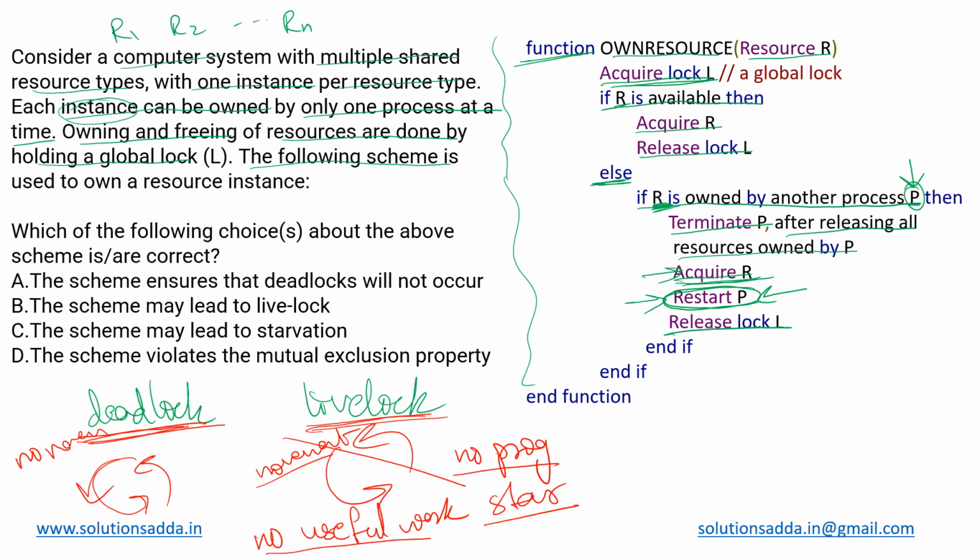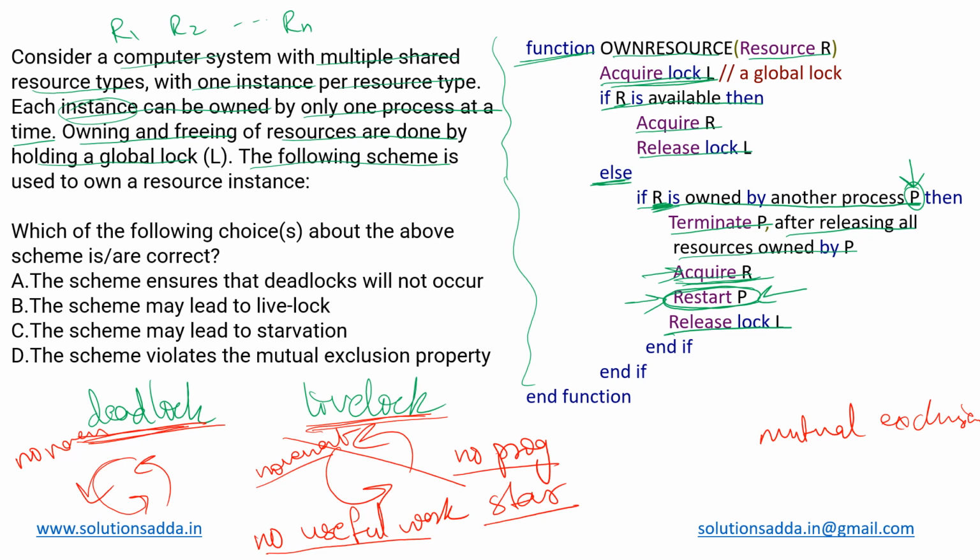So now coming to this given scenario, which of these will exist? First of all, check if there is mutual exclusion or not. As we just saw, at a time only one process can acquire a resource instance, and if the instance I need is free, then I will acquire it. I will not share it with anyone else.